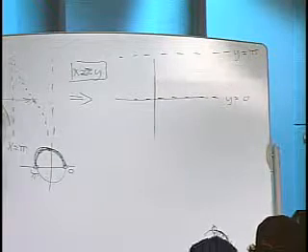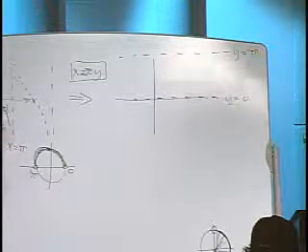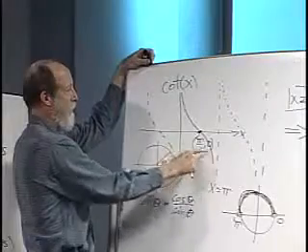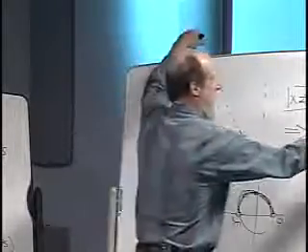The point over here on the cotangent graph, pi over 2, 0, corresponds to 0, pi over 2, a y-intercept over there.